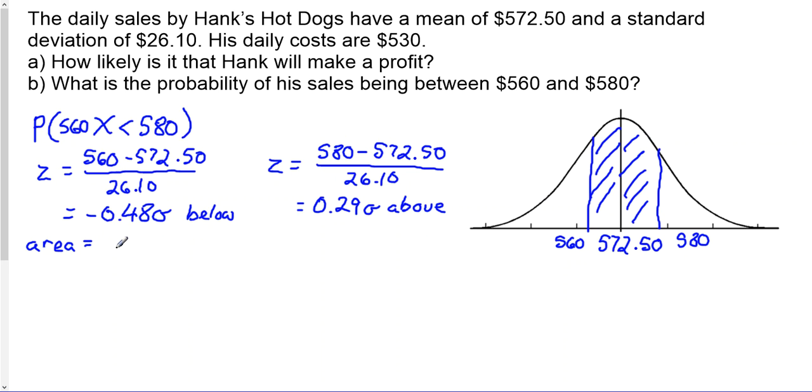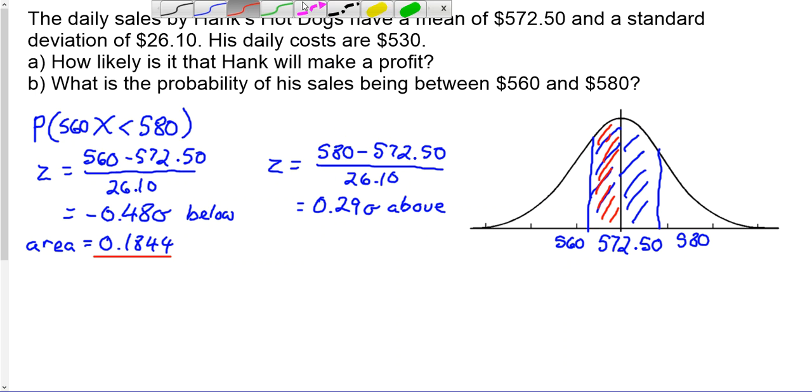So the area associated with 0.48 is an area of 0.1844. Now, just to remind you, where is this on our diagram? Well, let's do this in red. This area here is the area from 560 to the mean. That's this red area right in here.